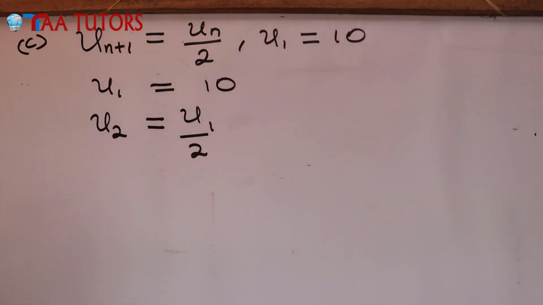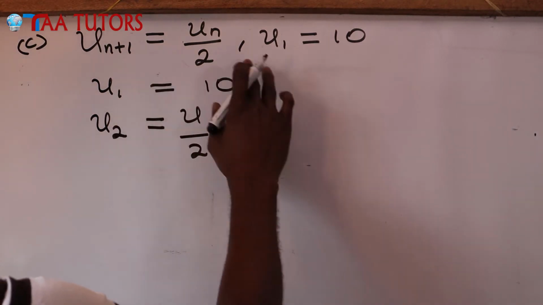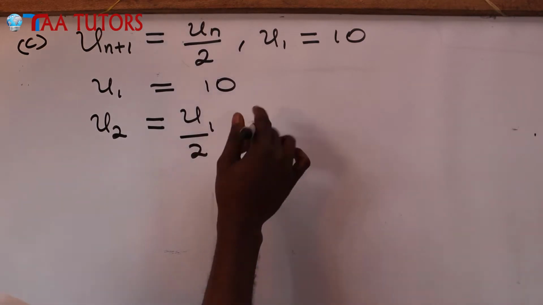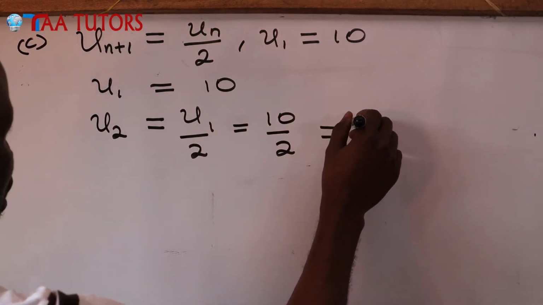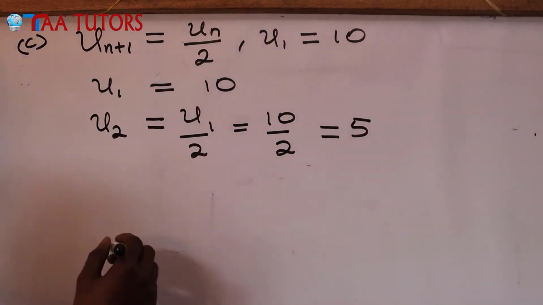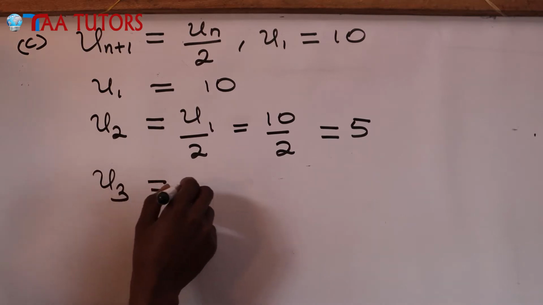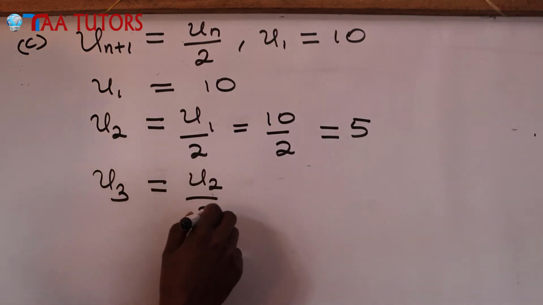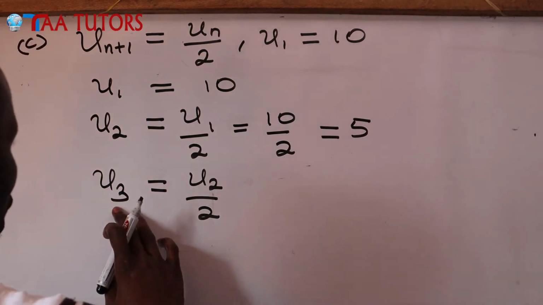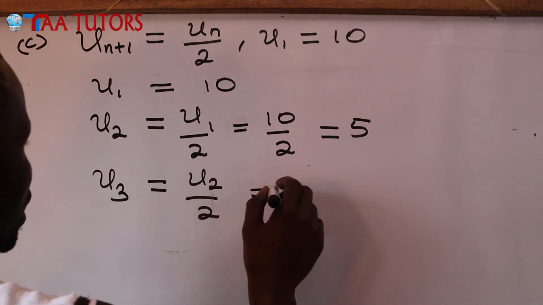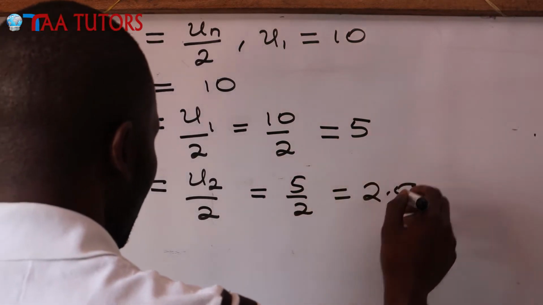So it means that if you have u1 as 10, that will be 10 divided by 2, which is 5. So we can say that u2 equals 5. What about u3? u3 here will be u2 over 2, which is 5 over 2, which is 2.5.